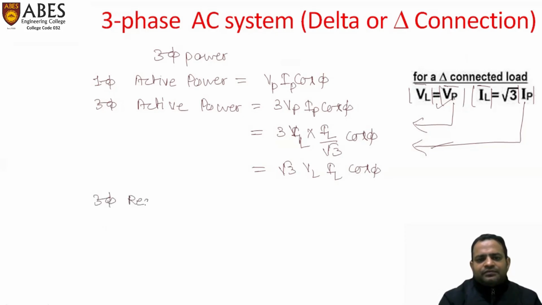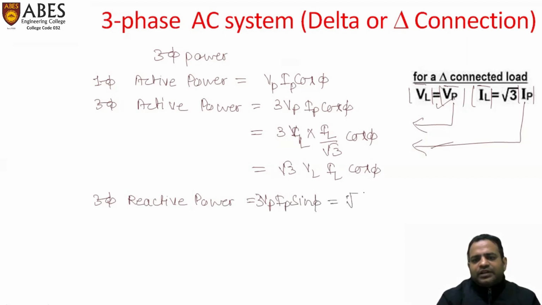Similarly, three-phase reactive power is thrice of Vp Ip sin phi, or root 3 times VL IL sin phi.